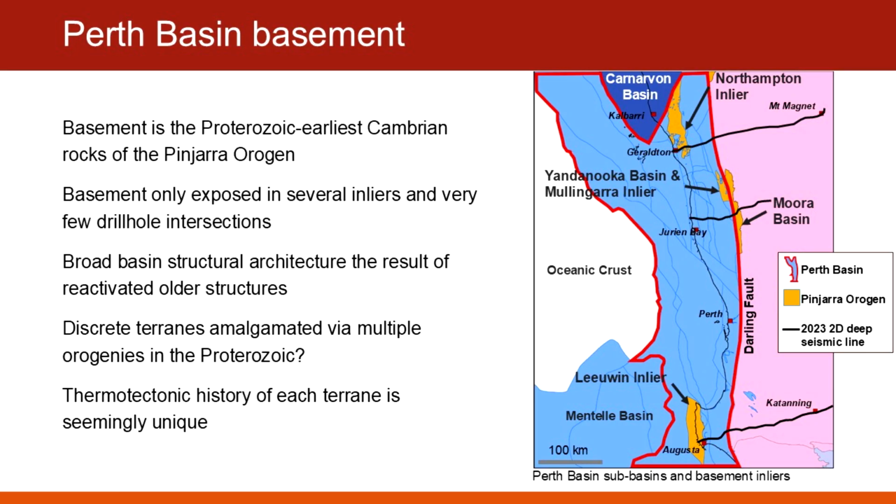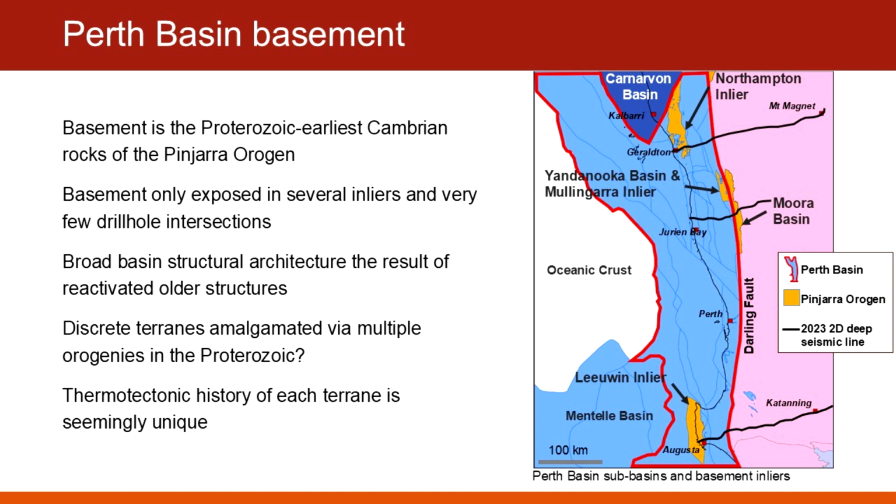heterogeneous basement to the Perth Basin, and it's long been recognised that the structures of the Perth Basin and the faults that separate all the sub-basins, which are predominantly north striking, are probably reactivated structures from the Pinjarra Orogen.